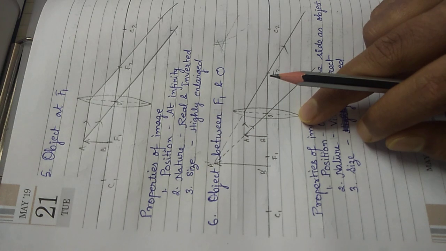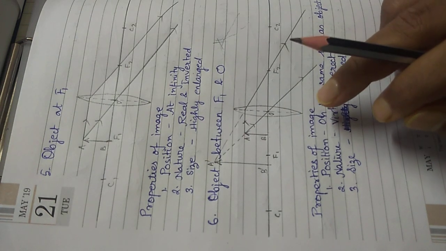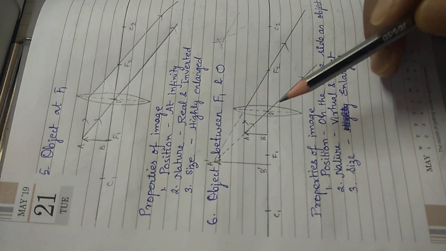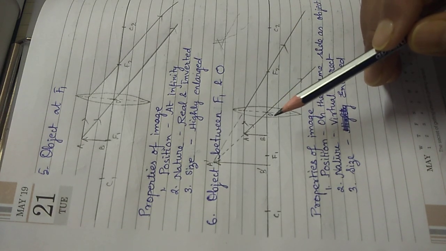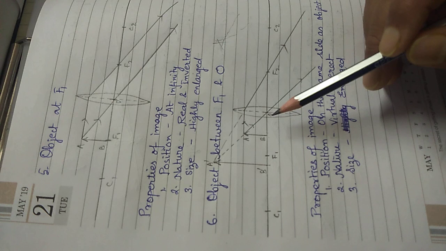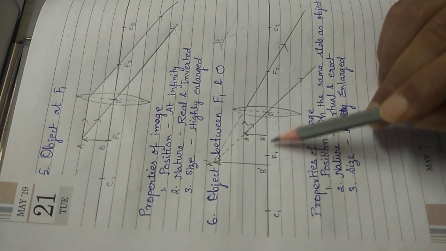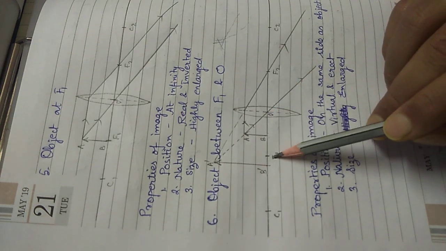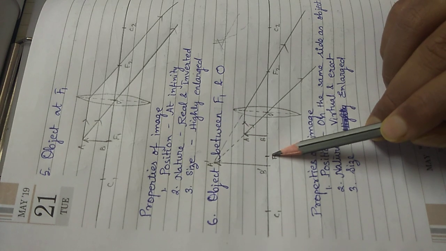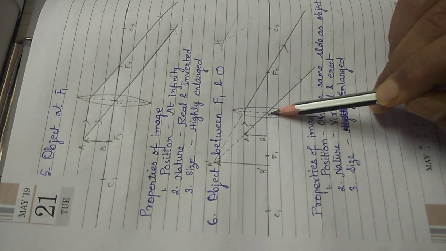You take a simple magnifying glass and if you see the image, it will be an enlarged image and it is erect. In that position, your object is actually placed between the focal point of the lens and the optical center of the lens.